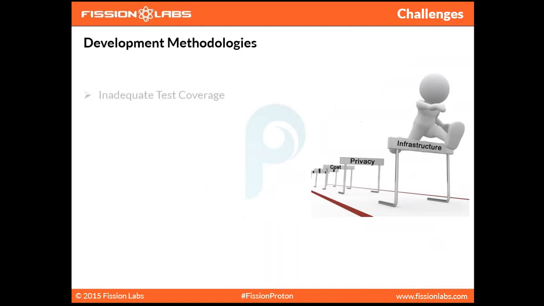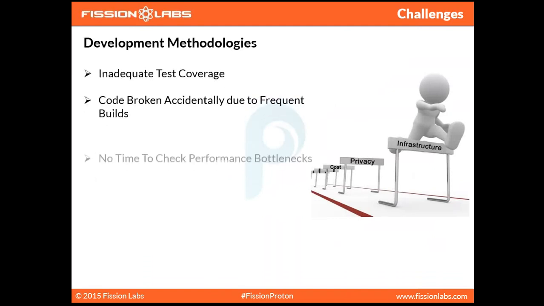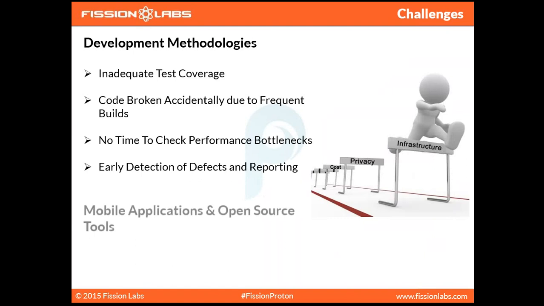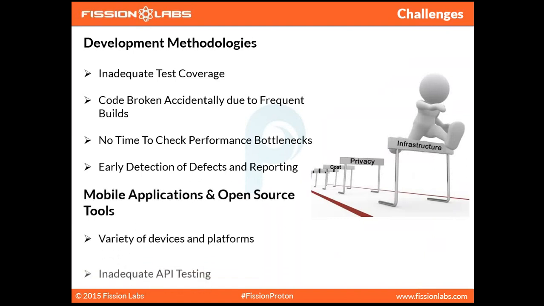So let us look into the challenges that are being thrown towards QA in case of different development methodologies. Like I said earlier, today's development is being done mostly using agile methodologies, which once again means shorter sprint cycles.